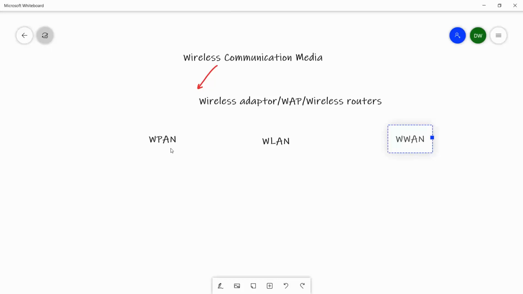So when we discussed wired media, we covered certain types of media like open wire, twisted pair, fiber optic cables, and coaxial cables.